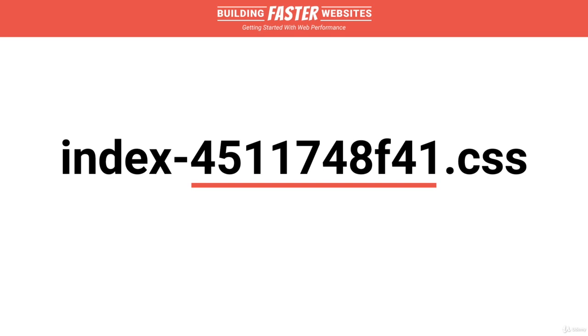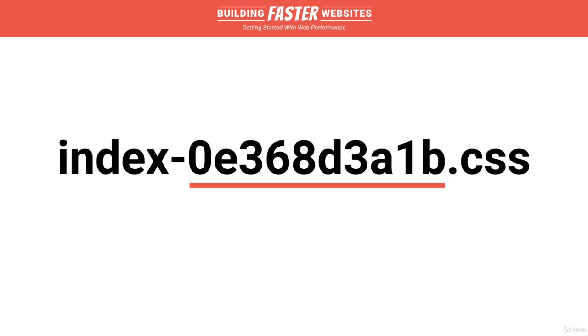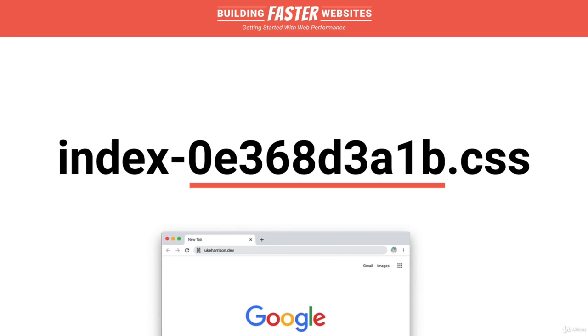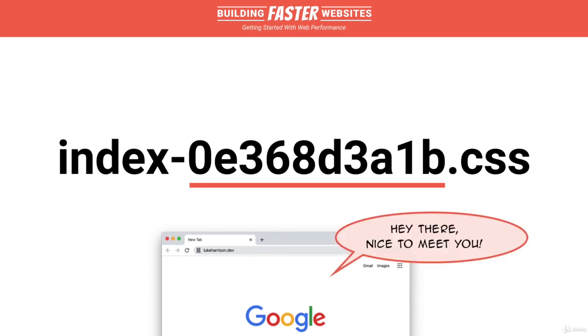This hash is completely unique to the file, so when it changes, so too does the hash. Therefore, as far as the browser is concerned, this is a brand new file which should be downloaded and cached. This approach allows us to cache files indefinitely, but also download updates as they are deployed.